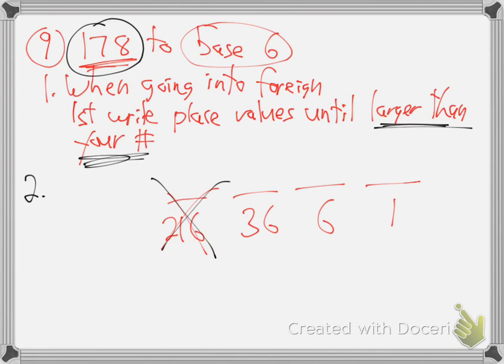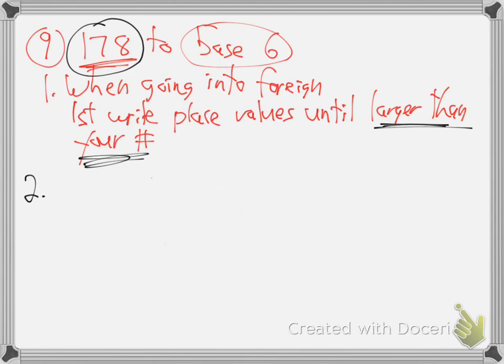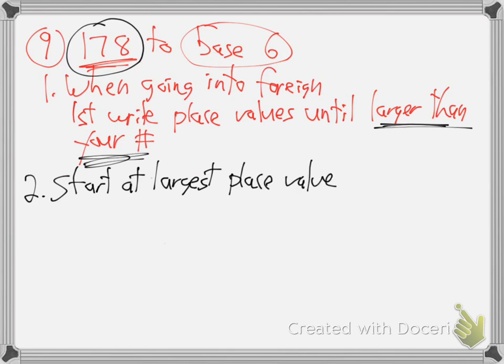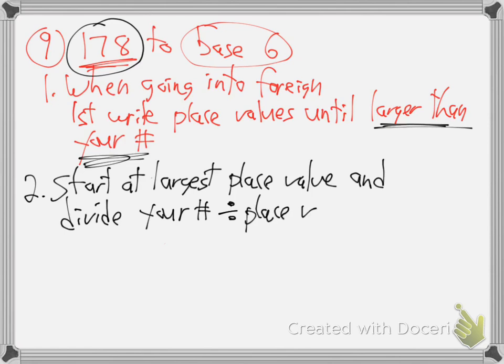Step 2. So that's step 1: write out the place values. Step 2. I'm probably going to need to move these. Start at the largest place value and divide your number by the place value.